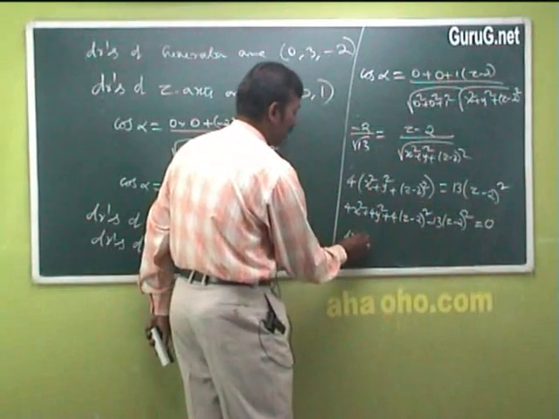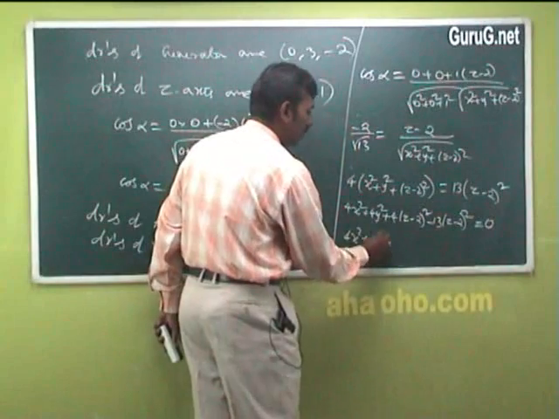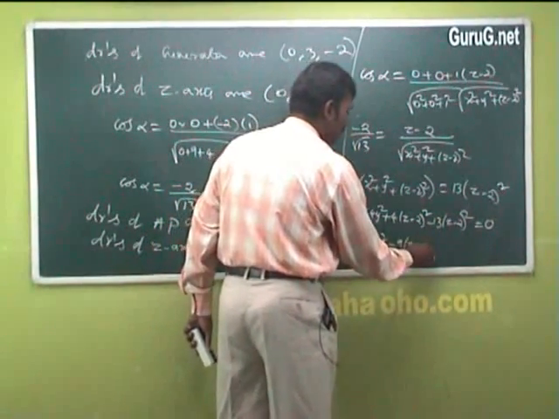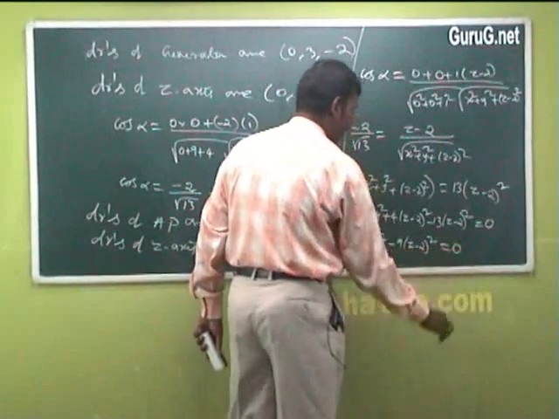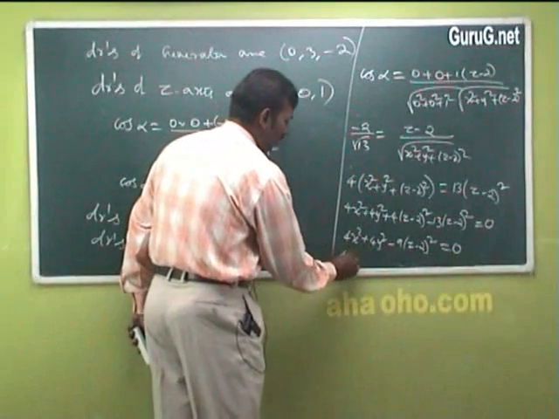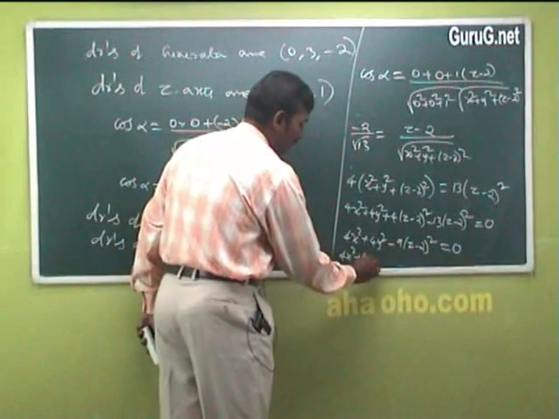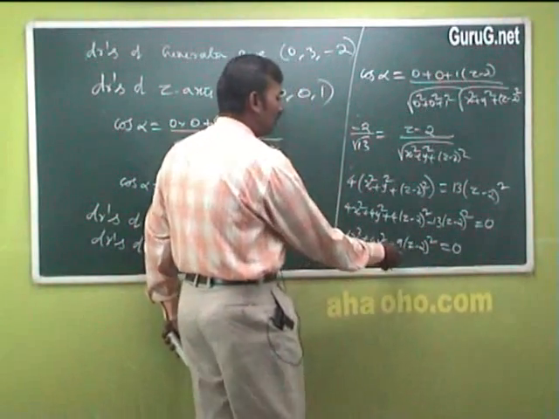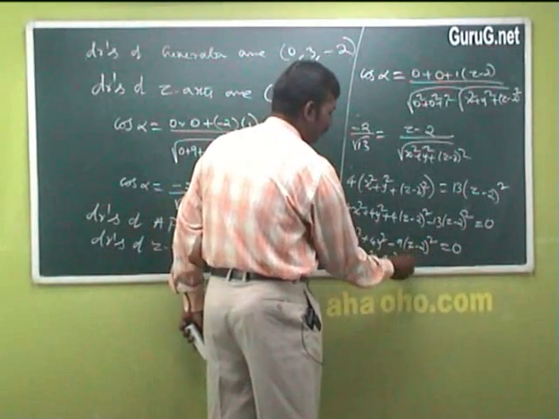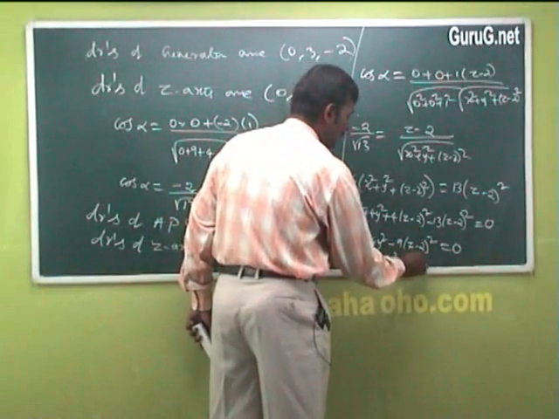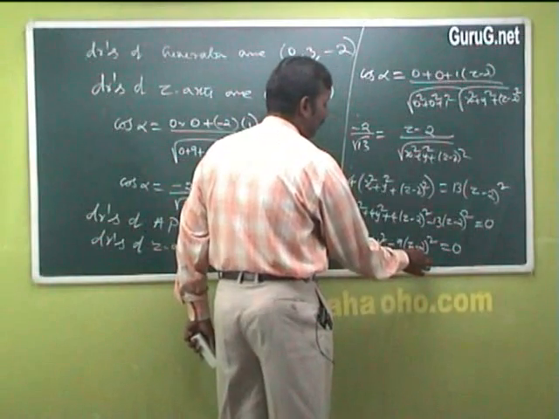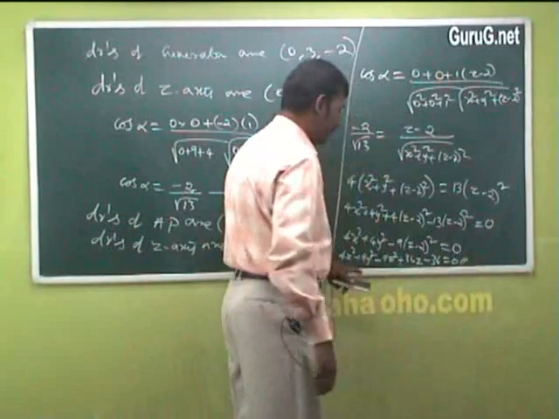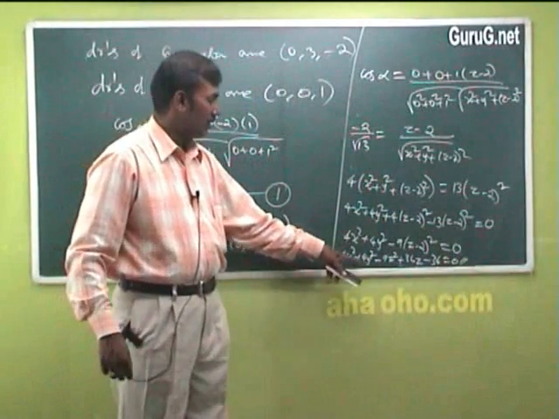So 4x squared plus 4y squared minus 9 into z minus 2 the whole square equal to 0. Simplified, 4x squared plus 4y squared minus 9z squared plus 36z minus 36 equal to 0. So this is the equation of the required cone.